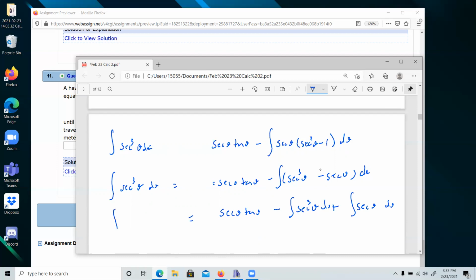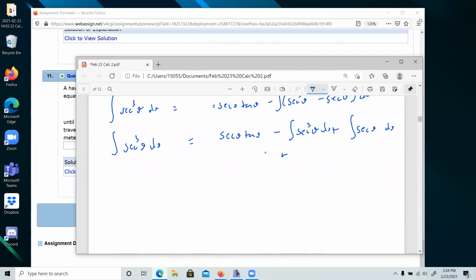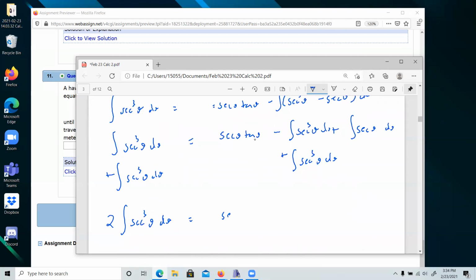And this equals the integral of secant cubed theta d theta. I'll bet we could add secant cubed theta to both sides. So here we have 2 times the integral of secant cubed theta d theta is equal to secant theta tangent theta plus the integral of secant theta d theta.